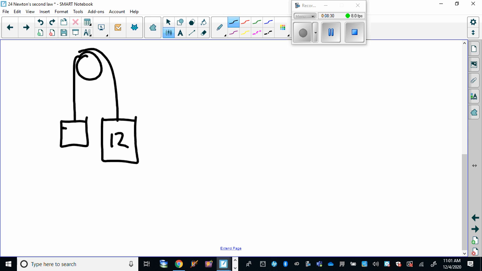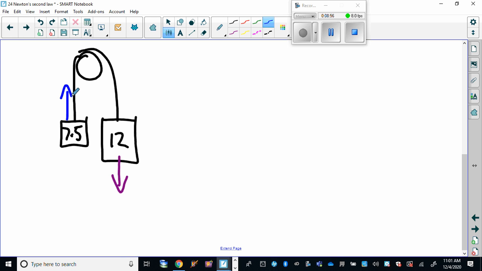And this one is 12, and this one is 7.5. And then you let go. And when you let go, clearly the 12 is going to go down and the 7.5 is going to go up. All right, so this is an Atwood's pulley question, and we're trying to determine what the acceleration of the two masses is.